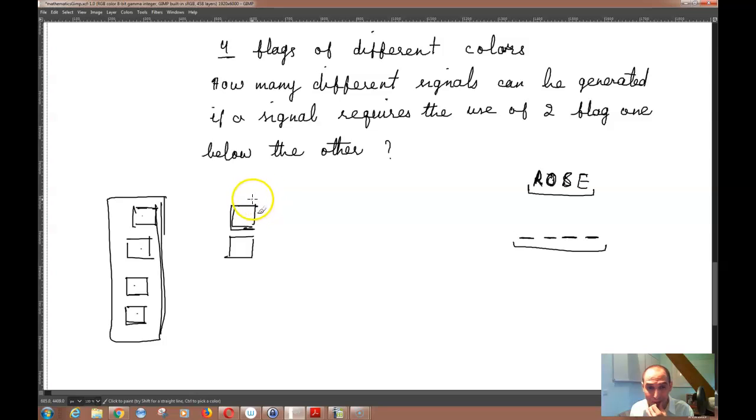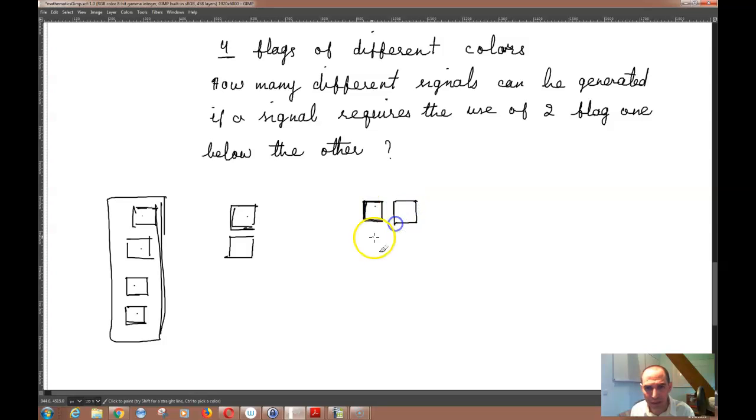Now this is the exact same situation here. You can imagine that the problem says you are supposed to put the flags one below the other. In the signal that you generate, first you put the first flag over here, then you put the second flag over here, and you have four different flags to choose from.